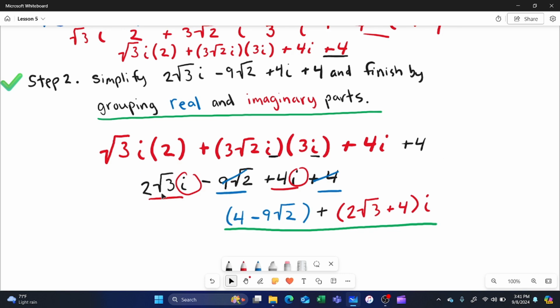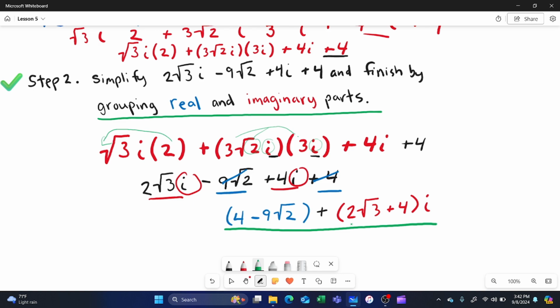This reduces down. This 2 comes over to the left. Let's see if I can't write this, so I'm going to change my color up. All right, 2 over here times 3i. Over here we're going to end up with 9 times the square root of 2, and then you're going to have your i's, which will turn into negative 1.